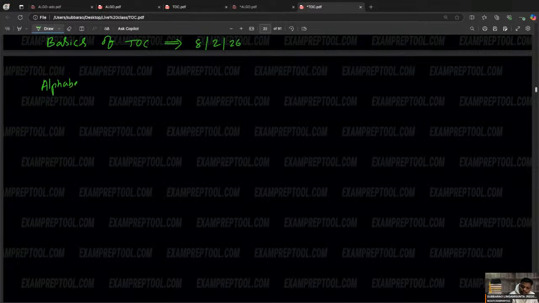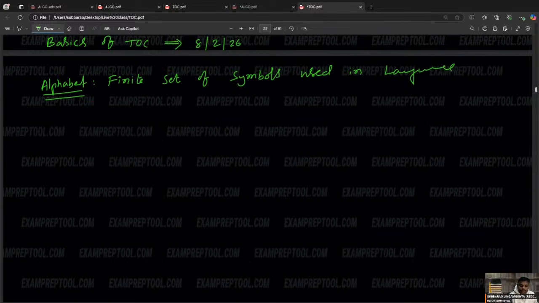Alphabet. This is the first basic point which you have to take care. Finite set of symbols used in a language is known as alphabet.